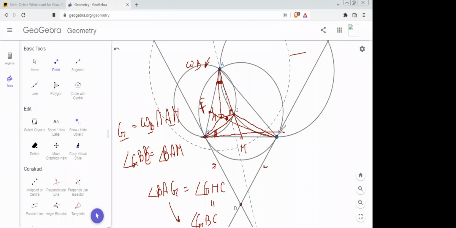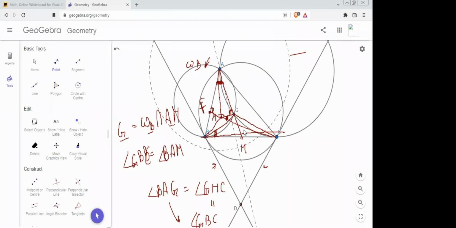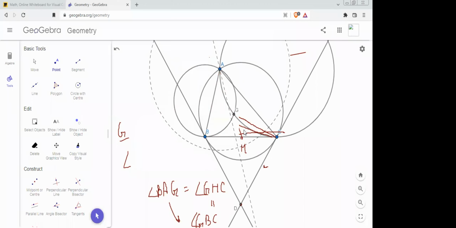Is this clear? Yes. Nice. So how do we prove it? Yeah. Extend CH to meet AB at F. Then AFHG is cyclic because 90, 90. So which means this angle should be equal to this angle. Hence we are done. Make sense? Or is this fine?